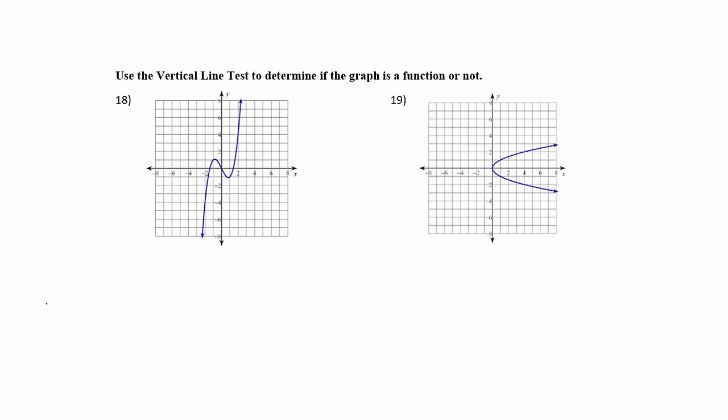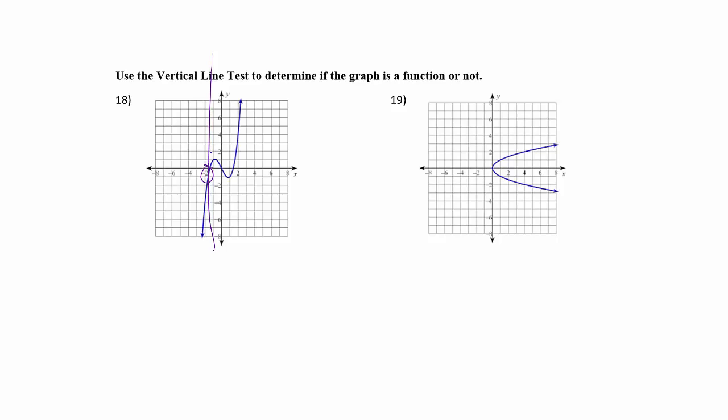The rest of this has to do with functions. The vertical line test is where if you draw a vertical line and it only goes through the graph once, no matter where you draw the vertical line on the graph, then it passes the vertical line test and it is a function.